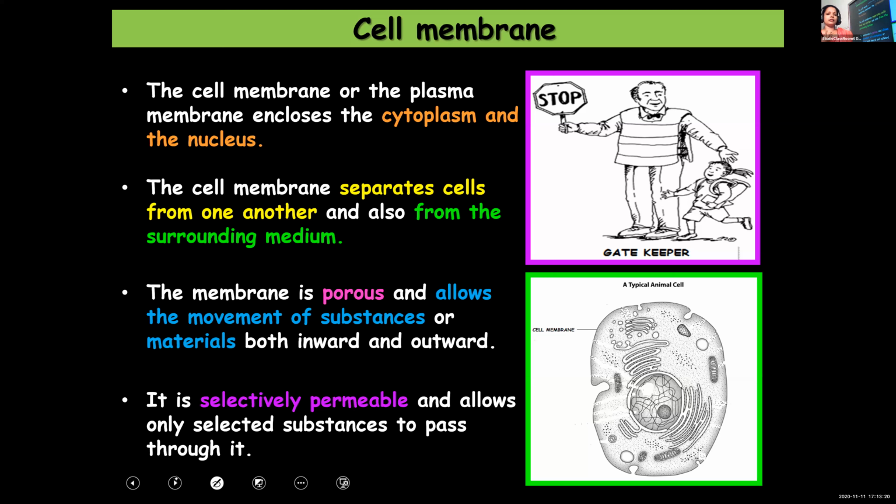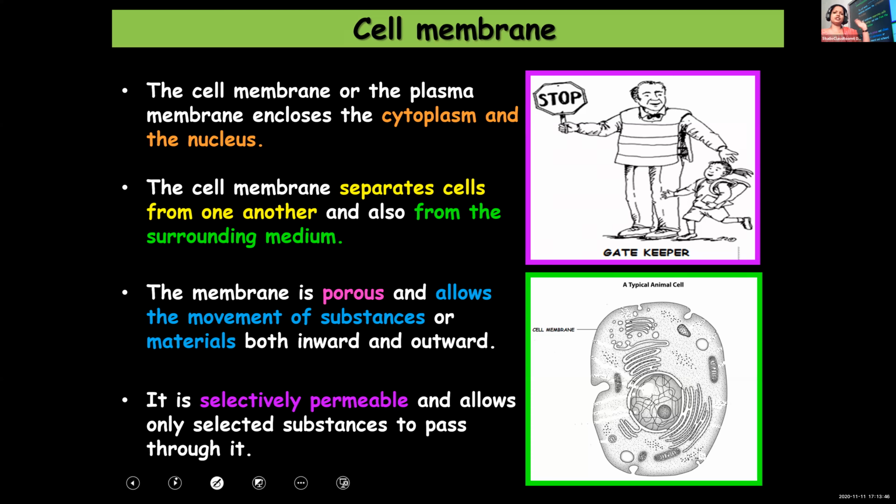Everything and anything that comes near the plasma membrane cannot enter or leave the cell. The plasma membrane will choose who should go in and who should not, and who should come out. So all that will be decided by the plasma membrane. So we call it selectively permeable.